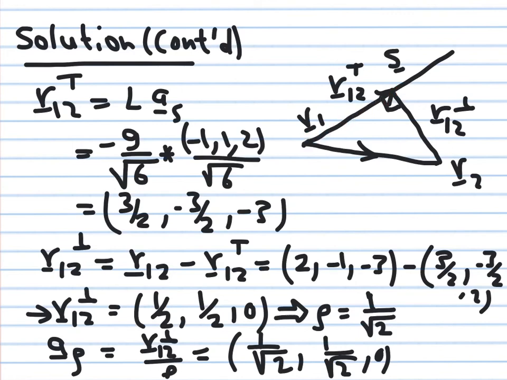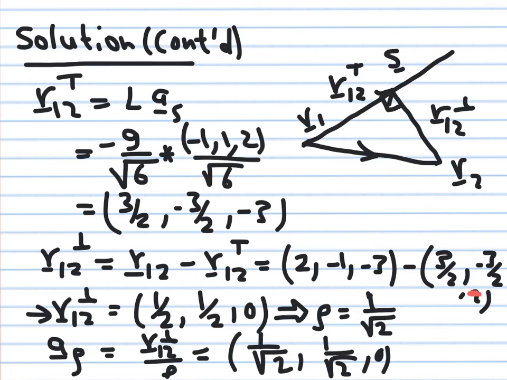What remains is to find r12 normal. Okay, so r12 normal is equal to r12, which we already have, minus r12 tangential, which we just calculated. So this is r12, this is r12 tangential. Okay, so let me see here. Did I make a mistake in this calculation? Yeah, I made a mistake. Well, it's not a mistake really, I mistyped it.